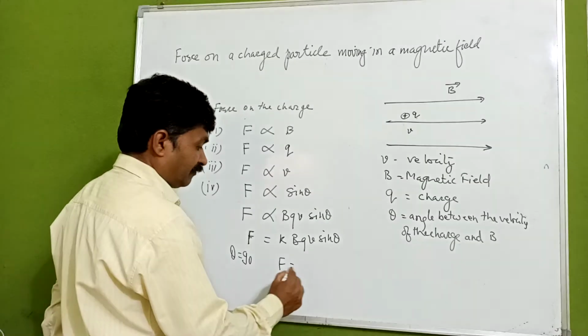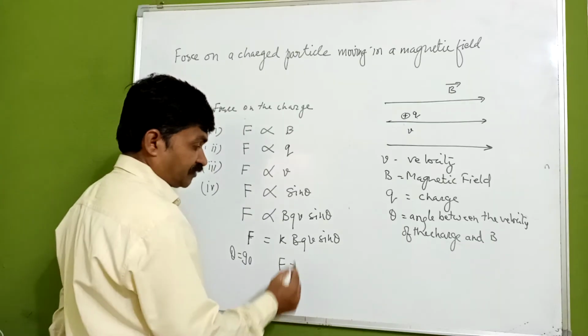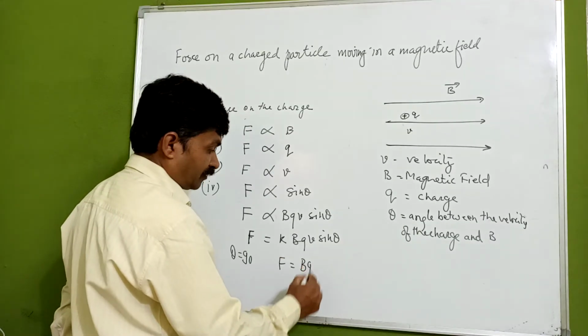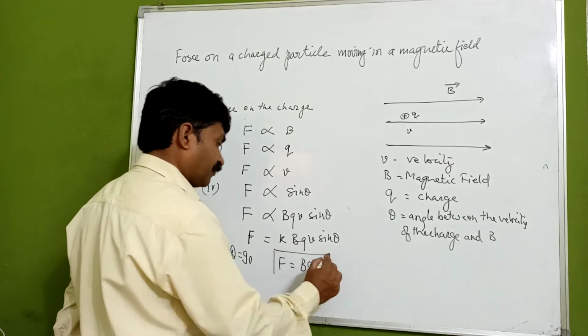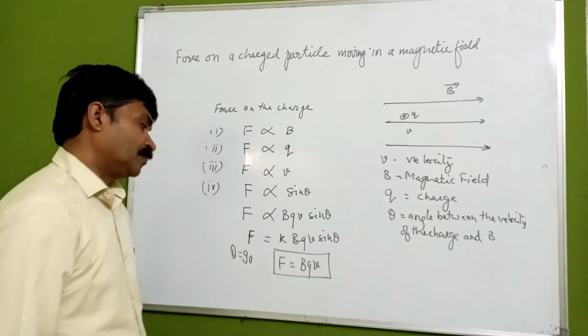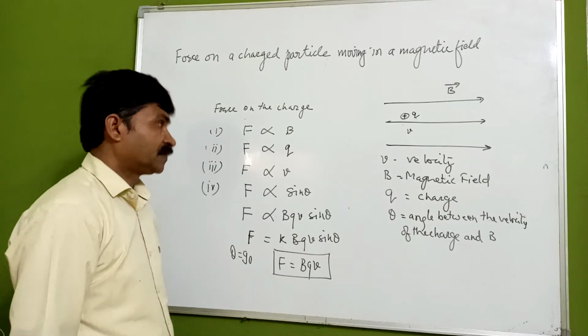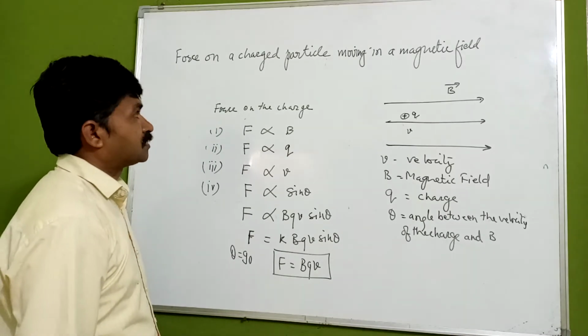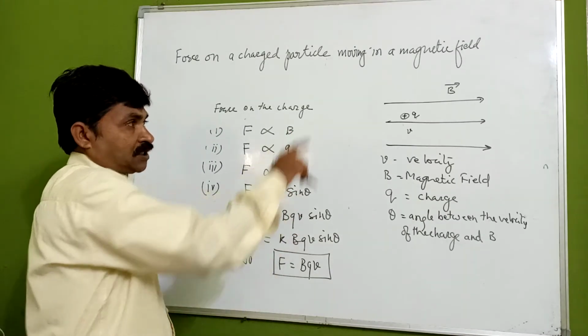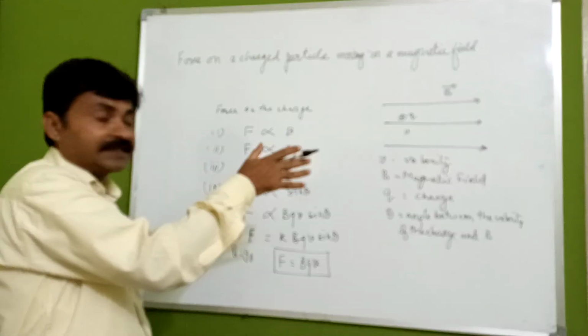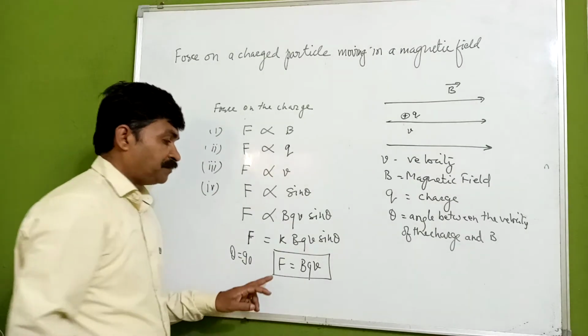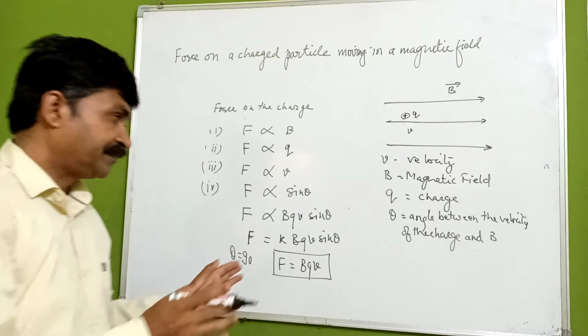The constant K has a value equal to 1. So finally, the force exerted on a charged particle moving in a magnetic field will be given by B times Q times V.